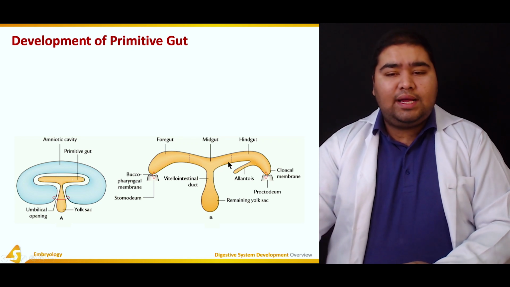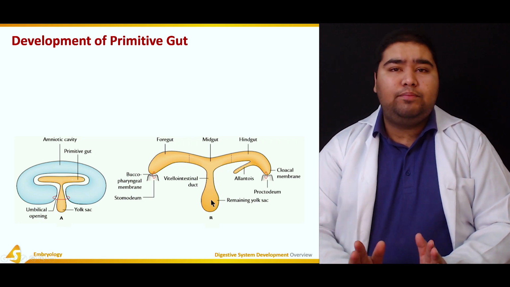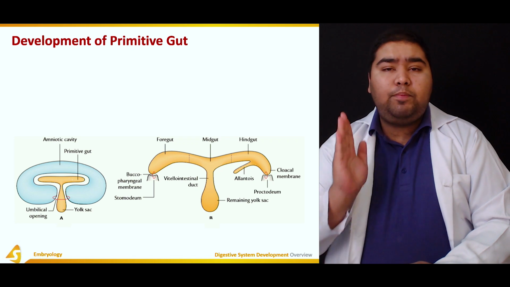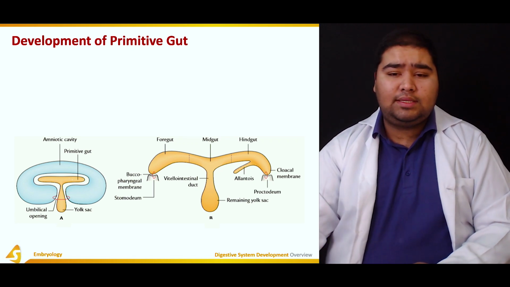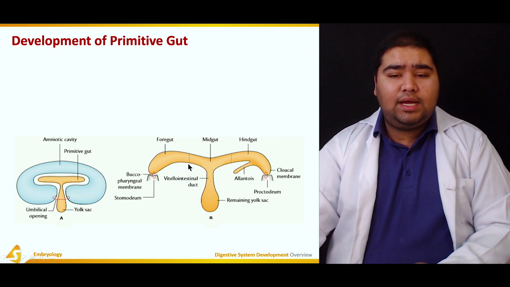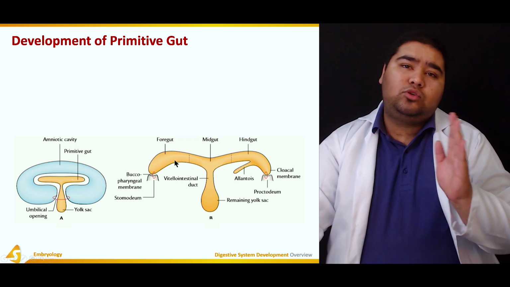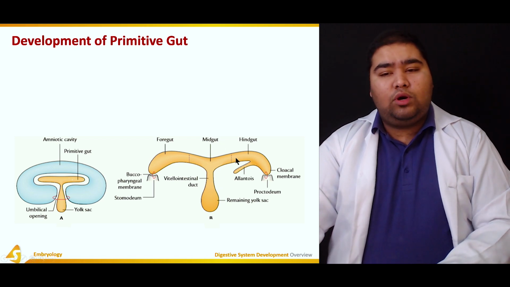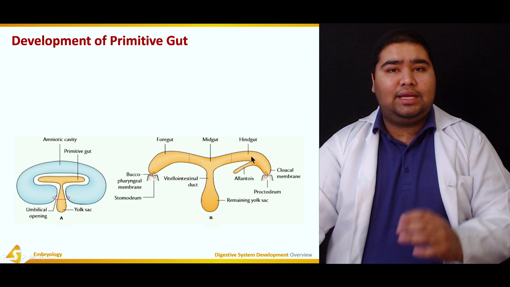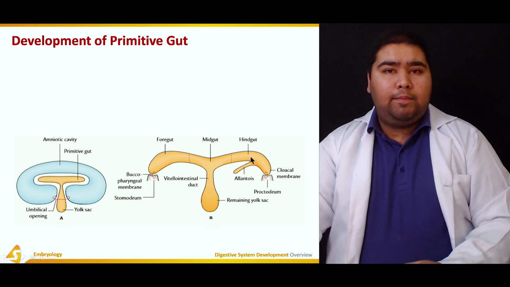The section of the gut that is in communication with this yolk sac is known as the midgut. The section before this midgut is the foregut. It lies cranially, and the section that lies caudally is known as the hindgut. It lies away from the midgut.